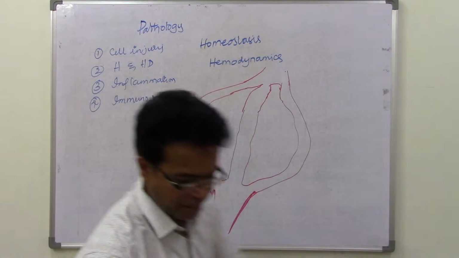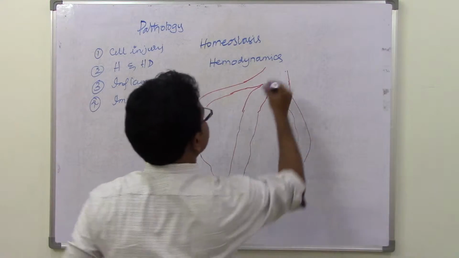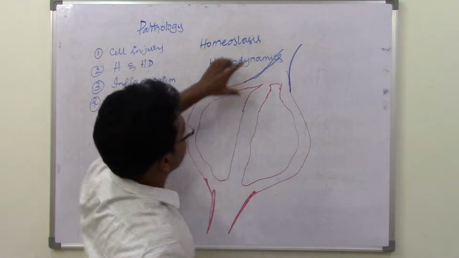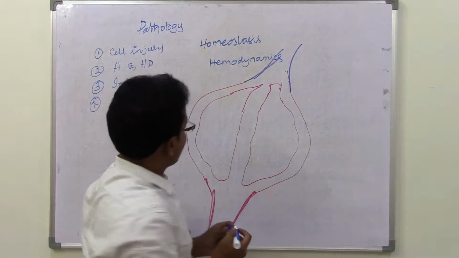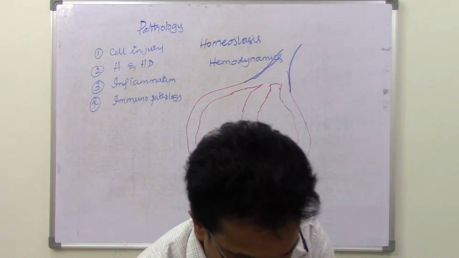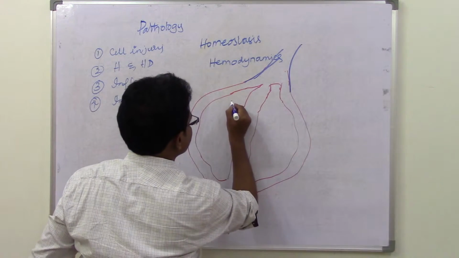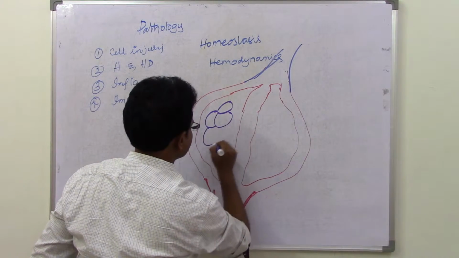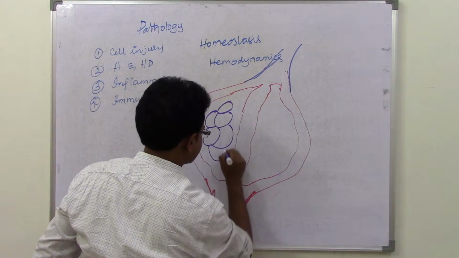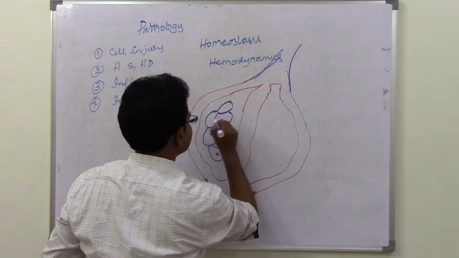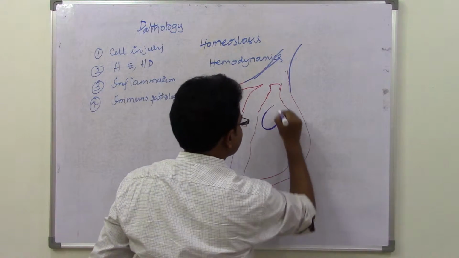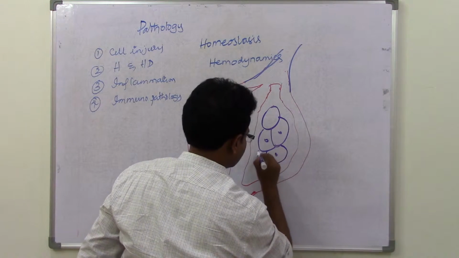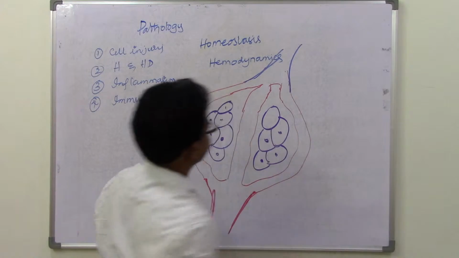This is in red, and this will be the venous end, a small venule. Now we have our cells here. These are all cells that are supplied by these capillaries. We have nuclei inside, and again we have cells over here with nuclei.